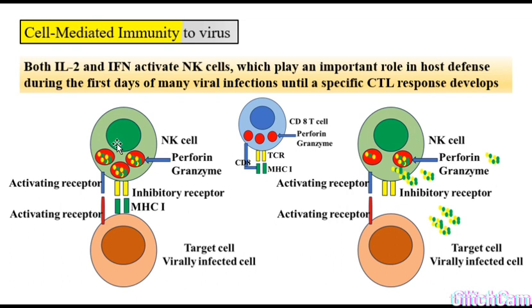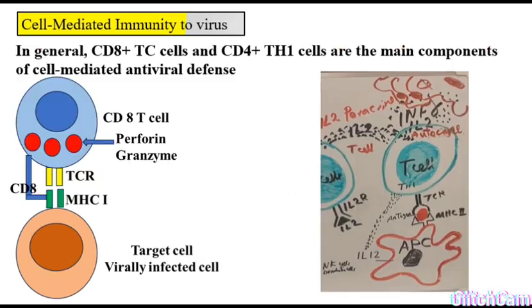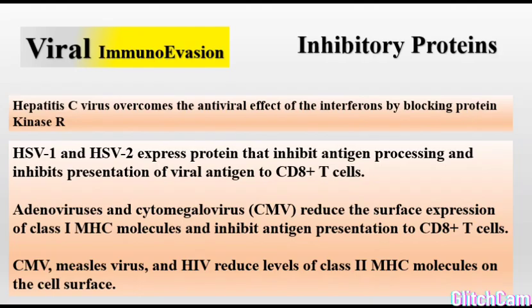Here, this is one, for example, and this is a CD8 T cell. This is major histocompatibility. So any antigen presented with major histocompatibility class 1 will be seen by CD8 T cells, and it will get activated.